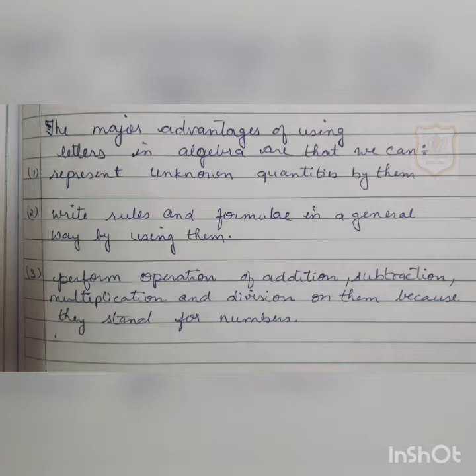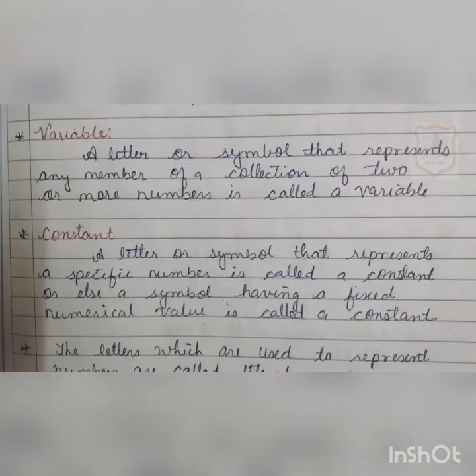The major advantage of using letters in algebra is that we can represent unknown quantities by them. We can write the rules and formulas in a general way by using them. And thirdly, we can perform operations of addition, subtraction, multiplication and division on them because they stand for numbers.